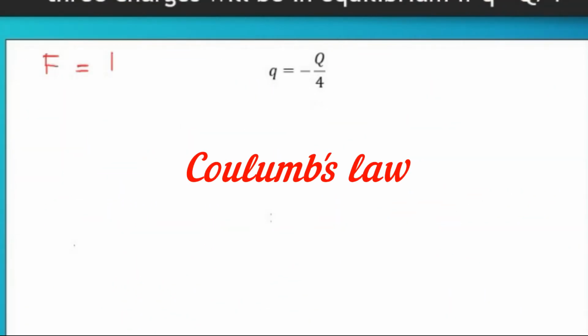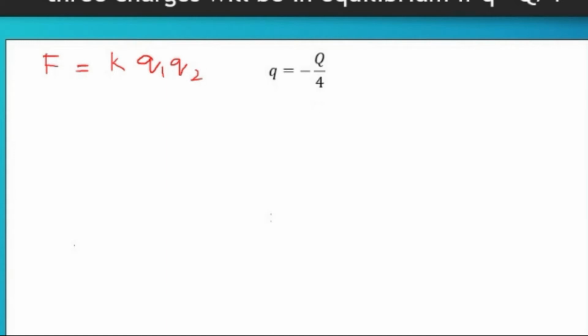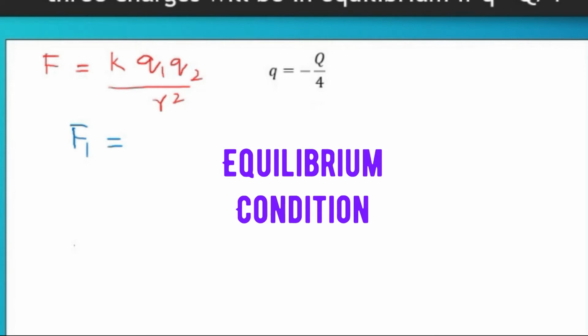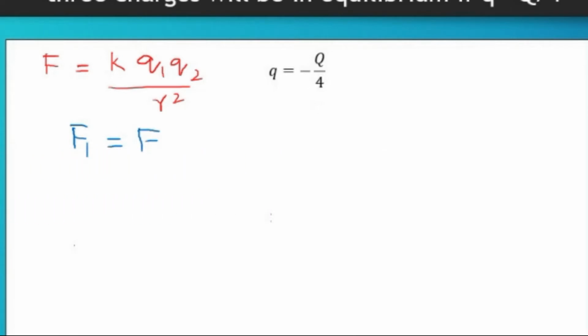We are familiar with Coulomb's law, which is F equals k Q1 Q2 by r square. Similarly, to find F1, we apply the equilibrium condition. If the small charge q is in equilibrium in between the two charges, necessarily these two forces must be equal.